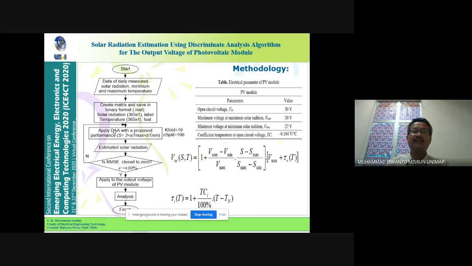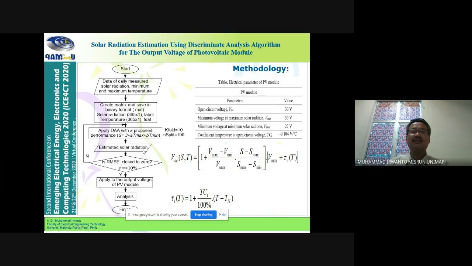When we apply this DAA, we get the K-fold and split, which are 10 and 100 respectively. And then after that, when MATLAB is running, at the end we can obtain the estimated solar radiation.